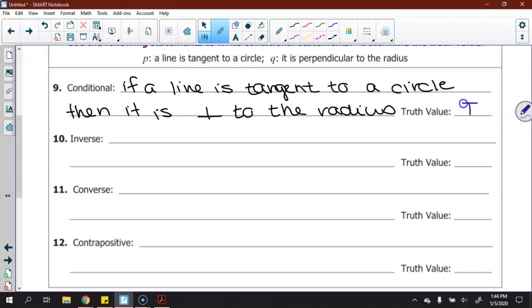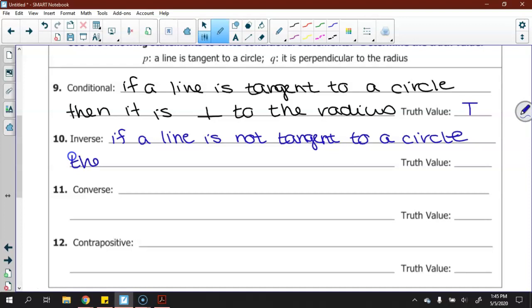All right, now the inverse is just saying put nots in. Okay, so if a line is not tangent to a circle, then it's not going to be perpendicular to the radius.